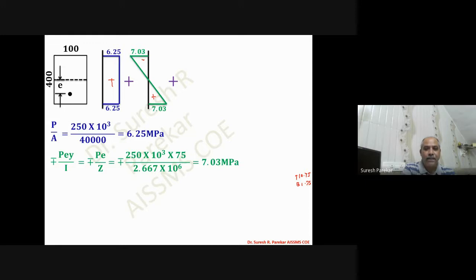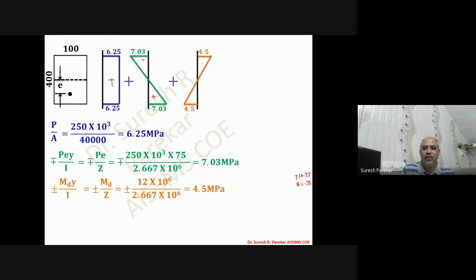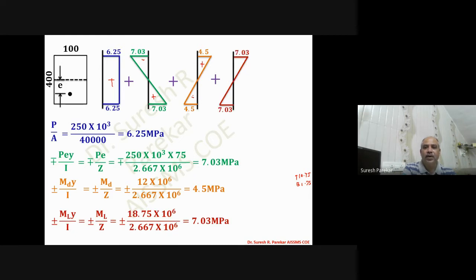Then we have MD, top plus, bottom minus 4.5, and then ML, which will again be 7.03 MPa, with plus at the top and minus at the bottom.